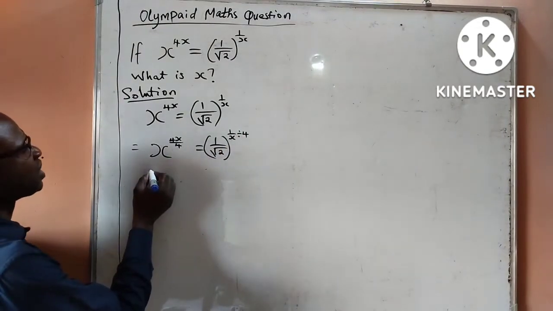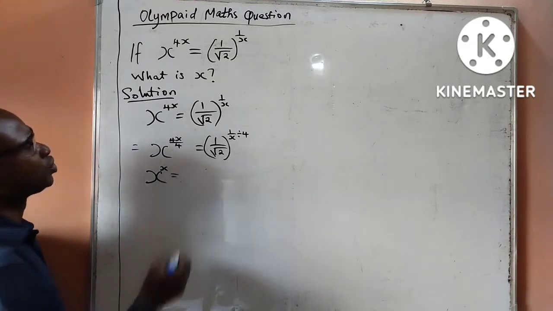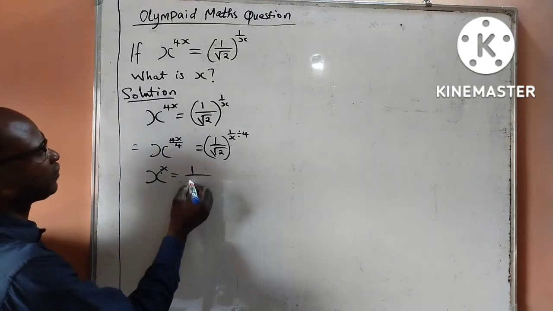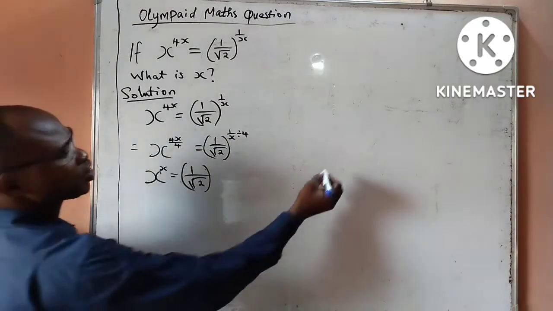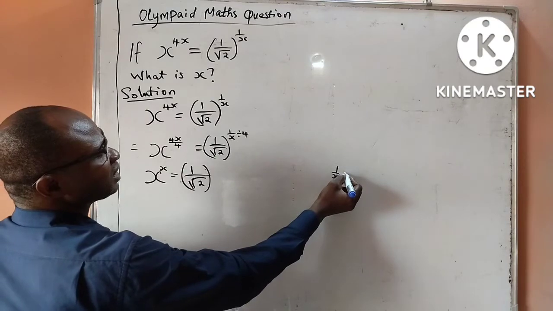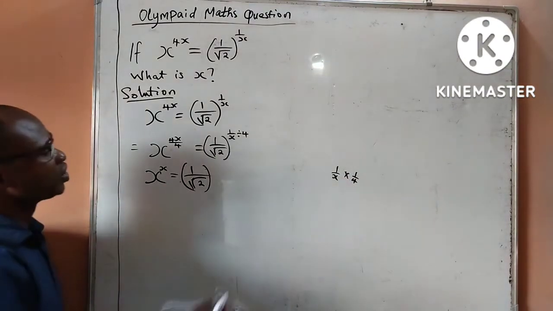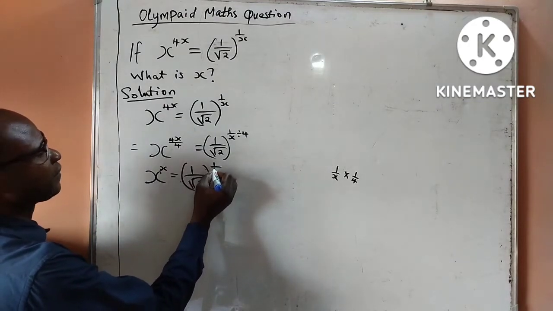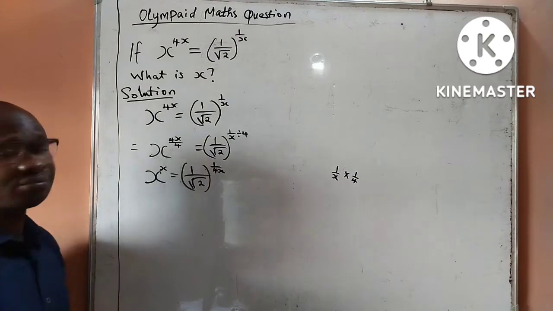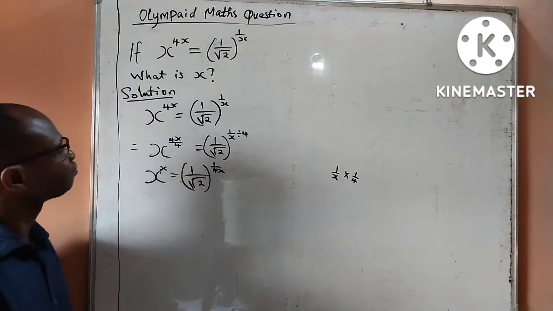When that happens, I will have x raised to the power x equal to 1 all over square root of 2 all raised to the power, of course, 1 over x divided by 4, which is just like multiplying by 1 over 4. So it will now give us raised to the power 1 over 4x. Beautiful. So this is where we are now.